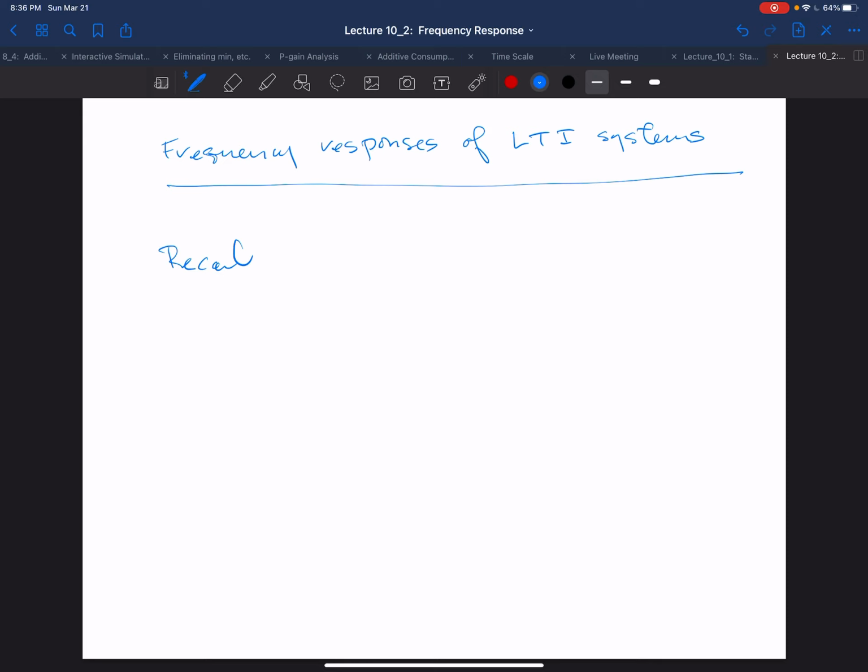This is really a special case of the eigenfunction property that we saw earlier.